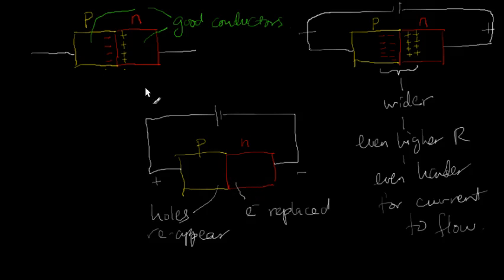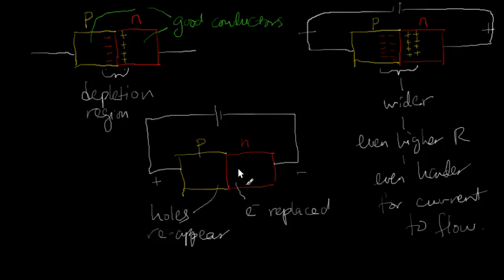So the depletion region, from which the carriers of current, the holes and the electrons that can carry the current, had been removed, is now in a sense replenished.